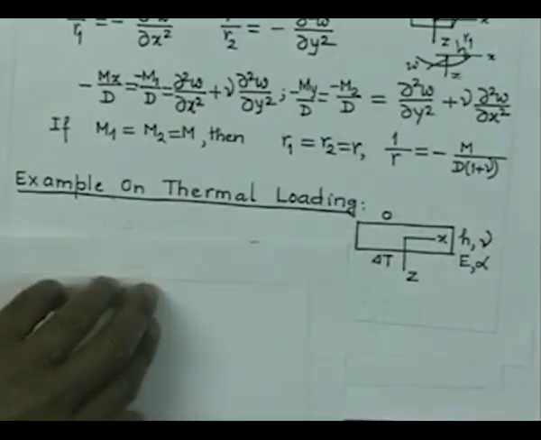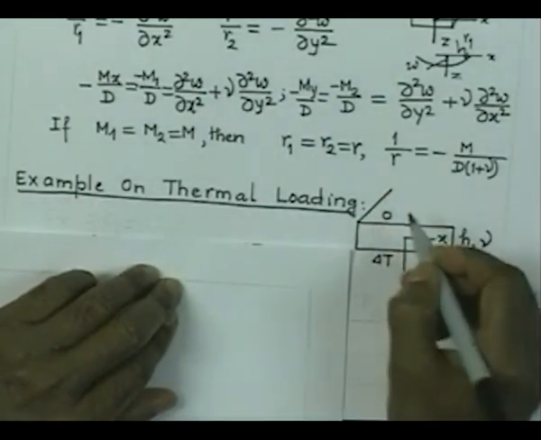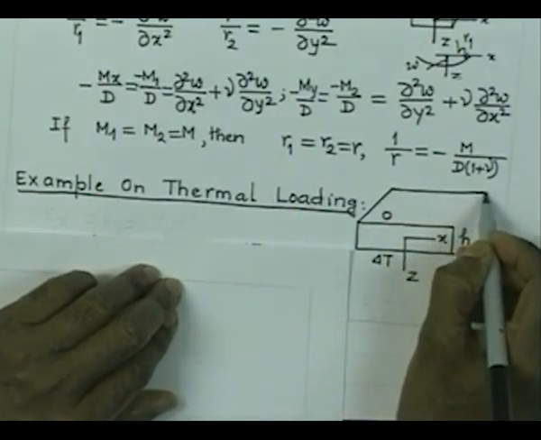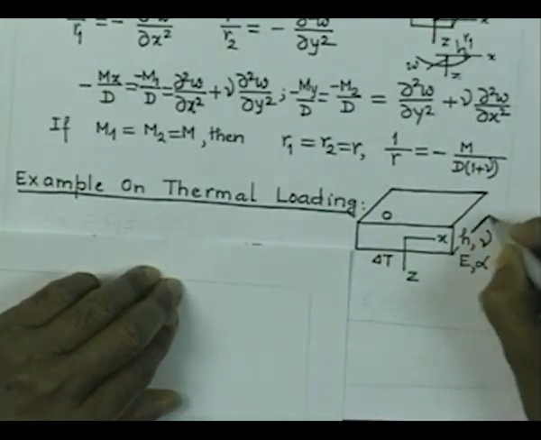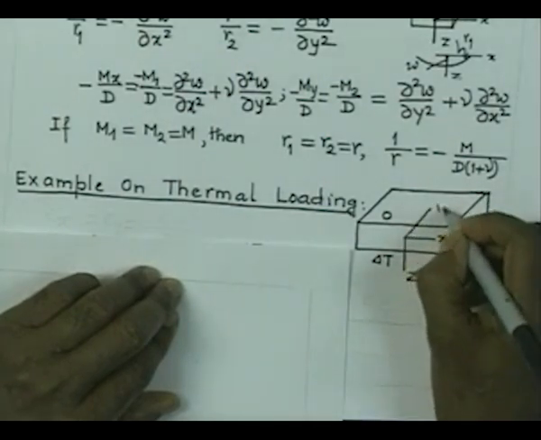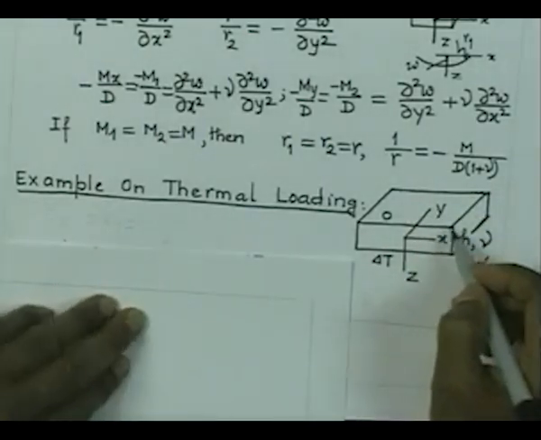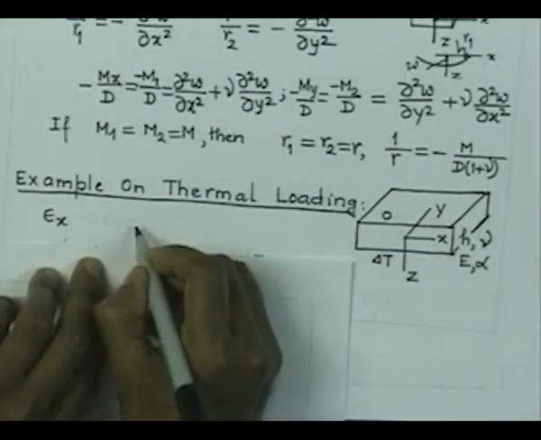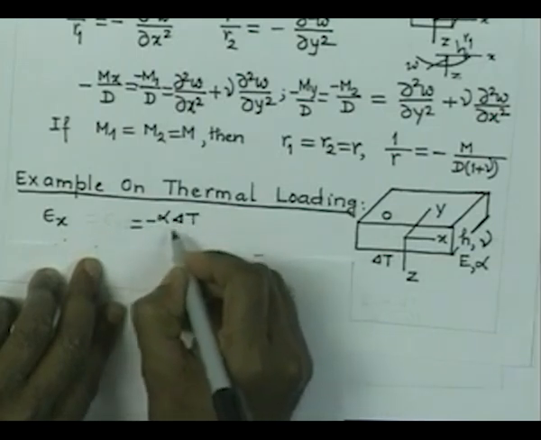Now, if I do this, then the plate will undergo strain in both the directions without any distortion. If you consider that this is the plate and this is your y direction, then we are going to get the strain here at the top, let us say in the x direction, and that is going to be nothing but minus alpha delta T by 2.